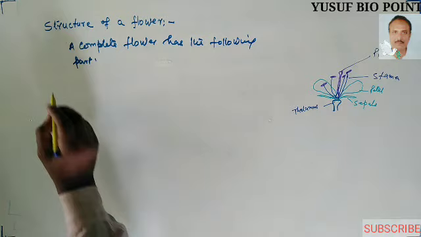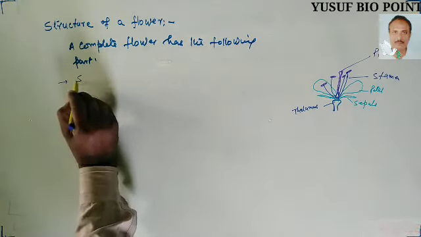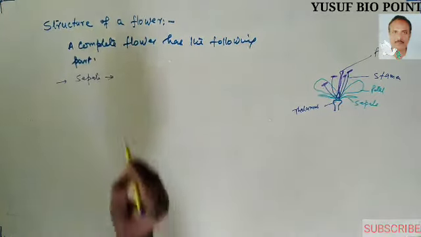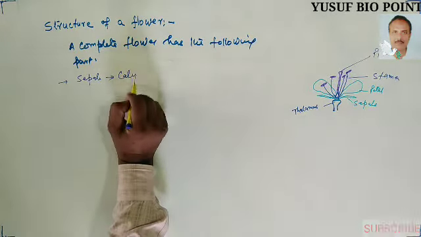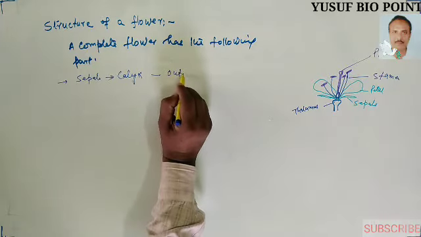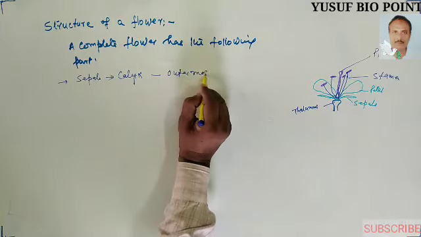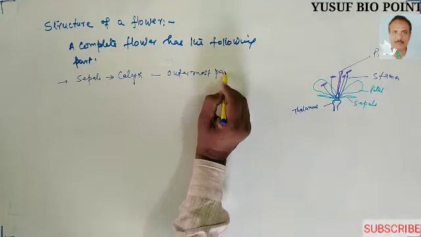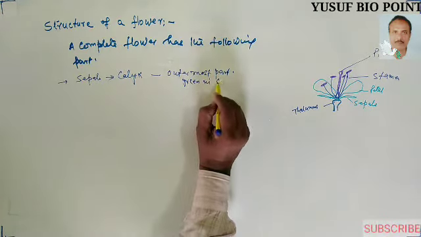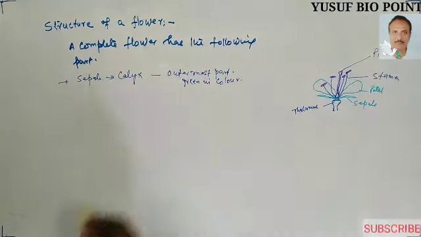So we can say that the first part is sepals, and the arrangement of sepals is called calyx, and it is the outermost part and green in color.